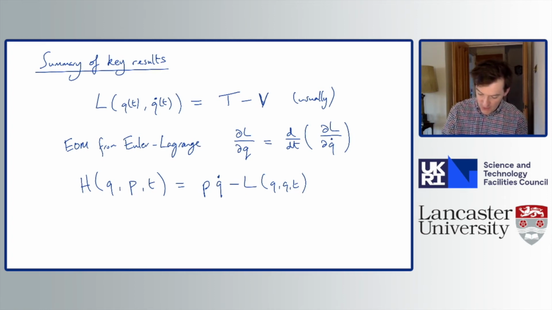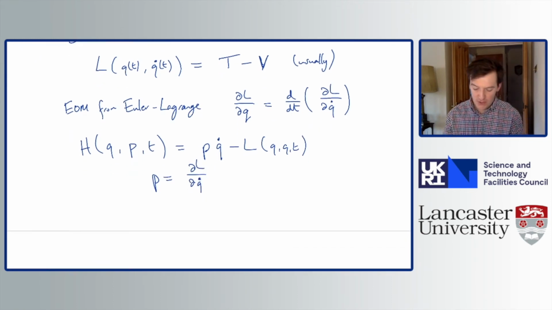So the other important result that we used was that this conjugate momentum was the derivative of the Lagrangian with respect to q dot. Okay, and then the equations of motion followed from Hamilton's equations.